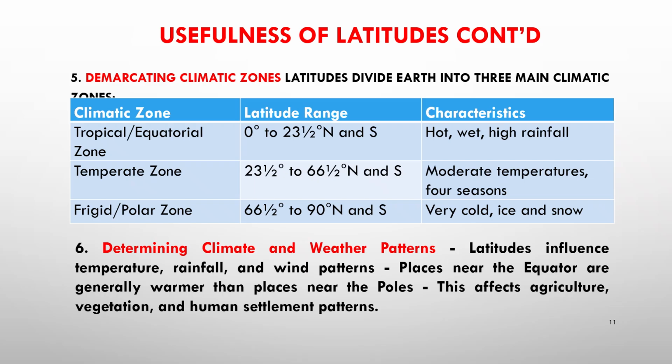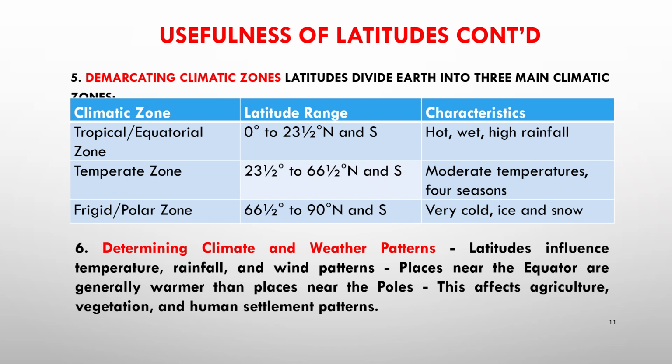And as we move towards the poles, the sun's rays strike Earth's surface at a more oblique angle, so they deliver less energy. This difference in solar energy input is the primary driver of climate patterns on Earth.